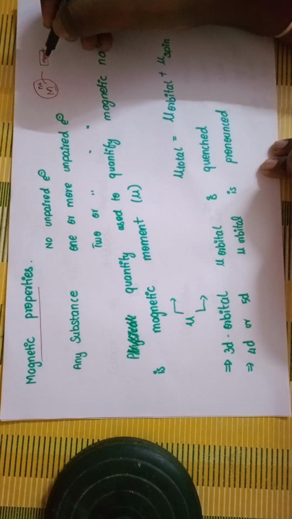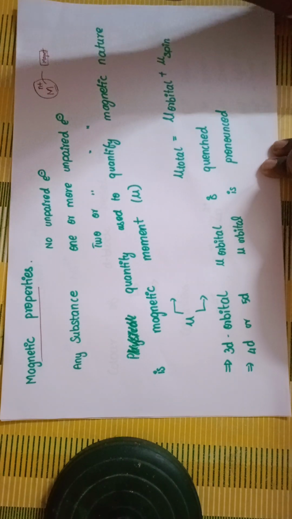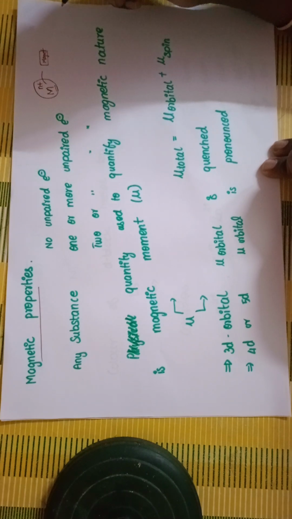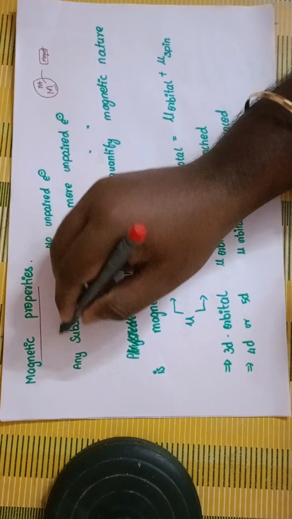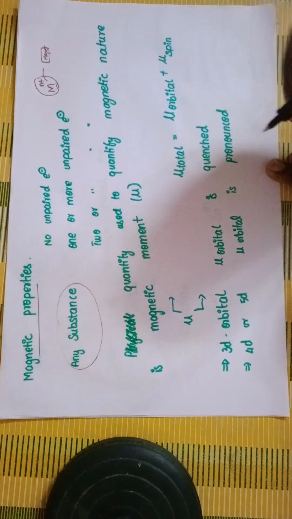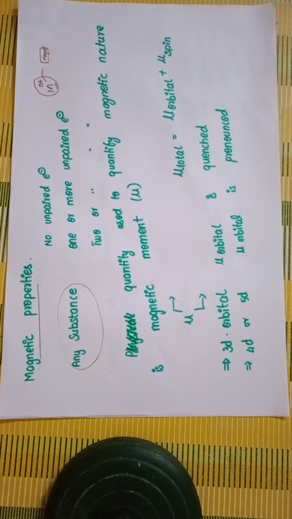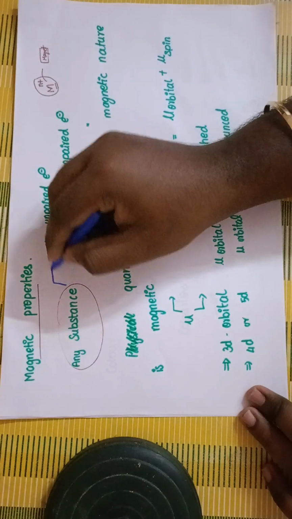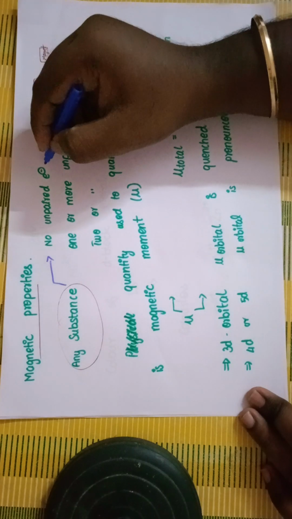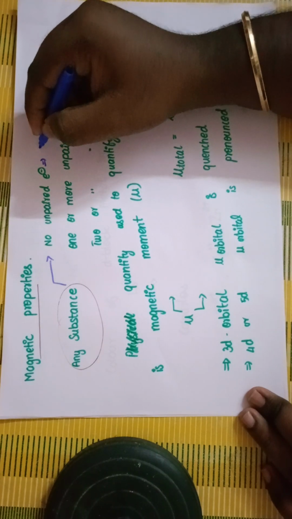If it gets attracted strongly, it exhibits yet another type of property. So any substance, if there is no unpaired electron, will get repelled by the magnet.